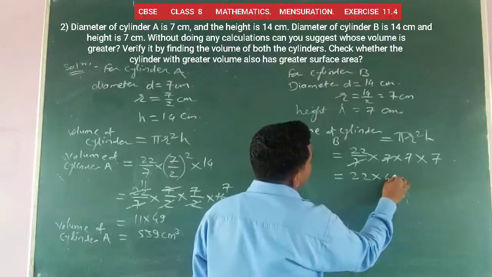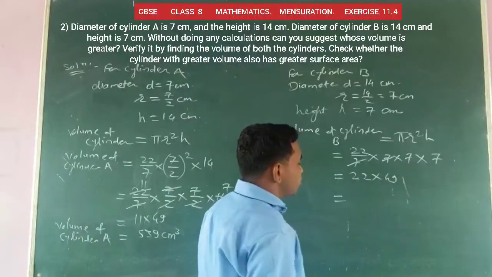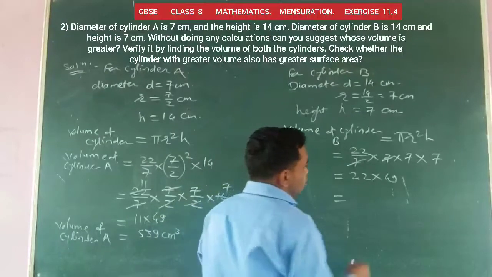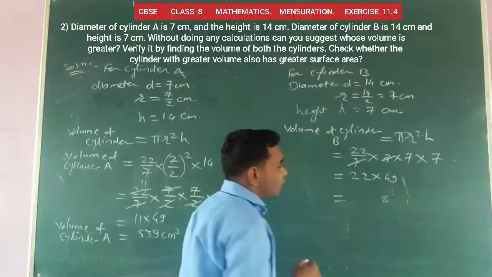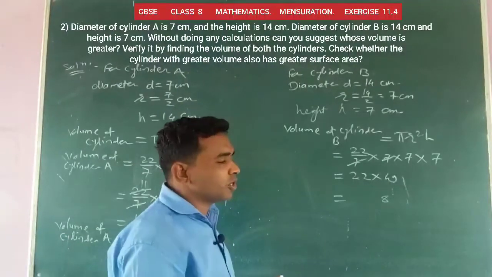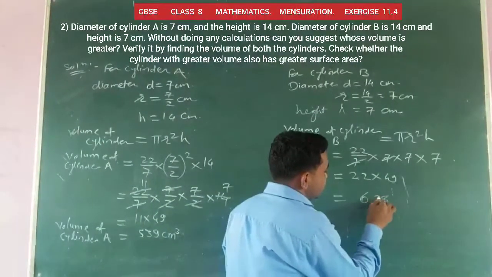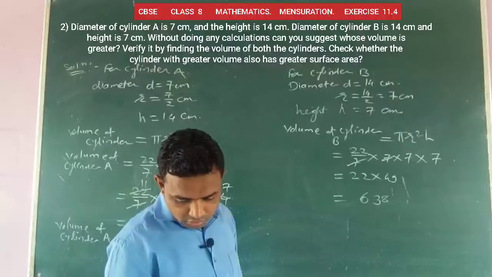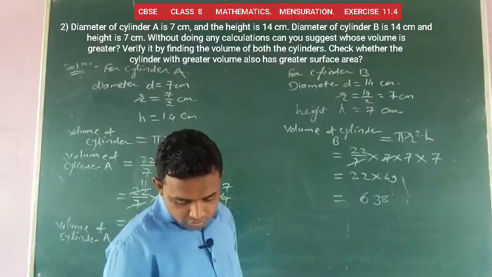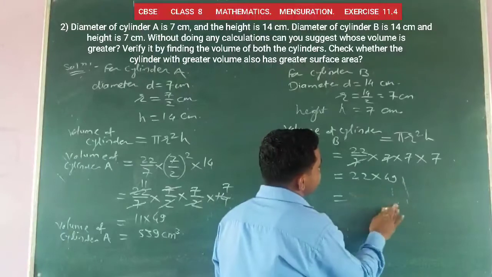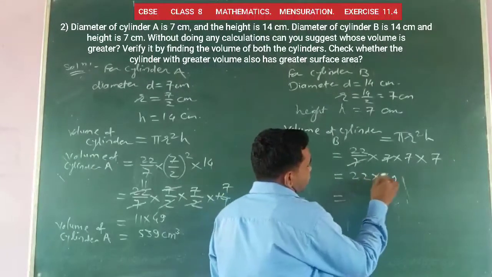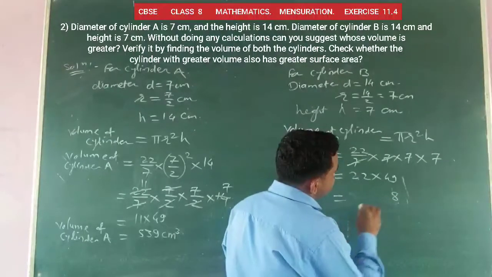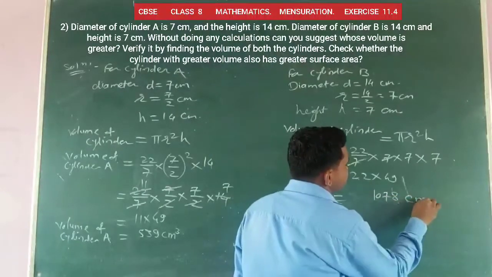Again 22 into 49, 22 into 9s are 198, carry 19, and 44 plus 19 means 63. 1078 centimeter cube.